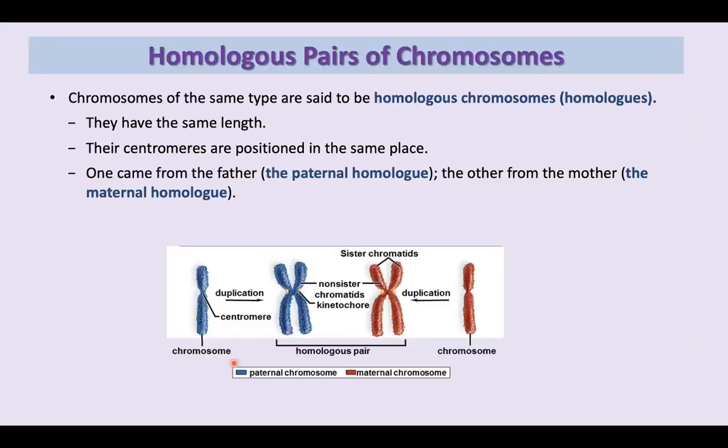Okay, so chromosomes of the same type. If you refer on page 167, you have to know the terms. Bila nak guna term homologous pair, bila nak guna term homologous chromosome, bila nak guna term sister chromatid. Okay, selalunya bila kita cakap pasal meiosis 1, we refer to homologous chromosome. When we talk about meiosis 2, we talk about the sister chromatids.